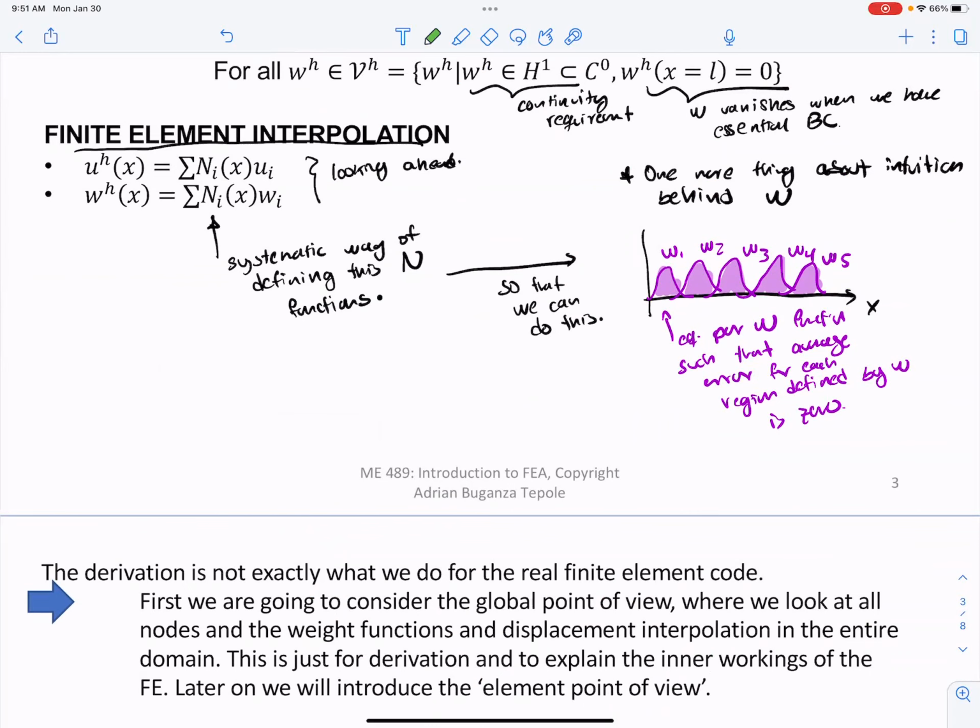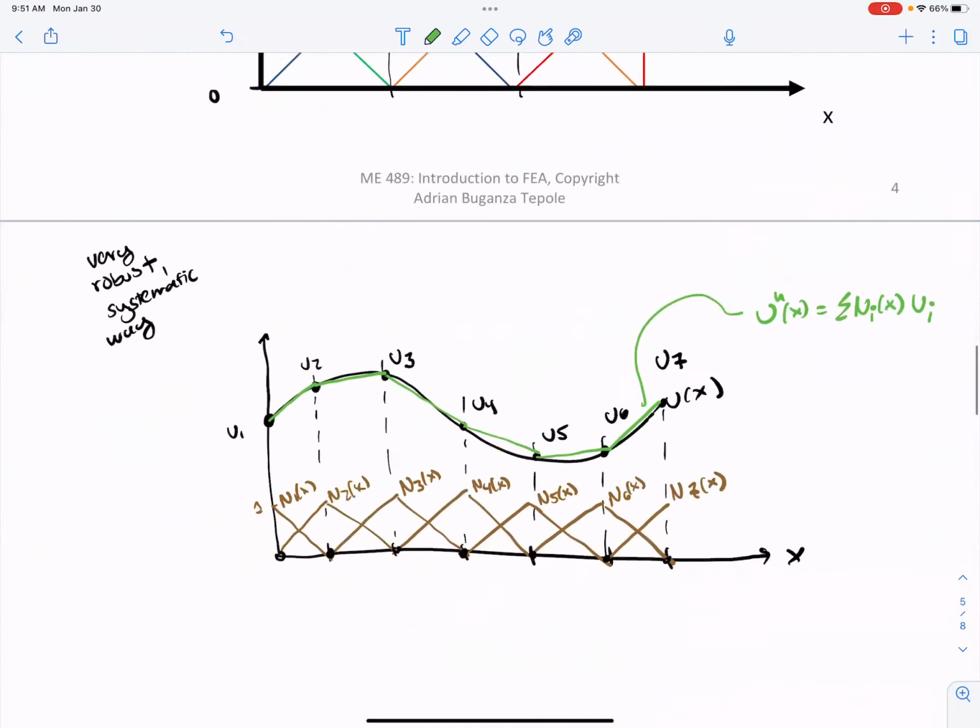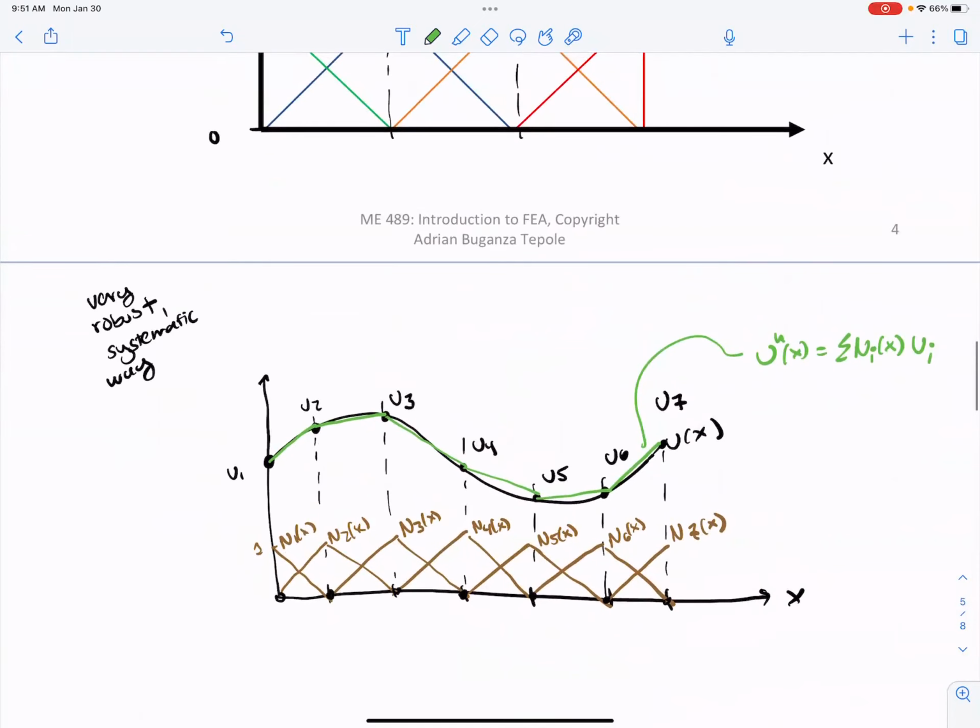So you can see that these hat functions will allow me to do both things. They will allow me to, one, interpolate any function u approximately. And then they will also allow me to do the weak form, because every one of these N's is going to allow me to calculate the average error over a portion of the domain.